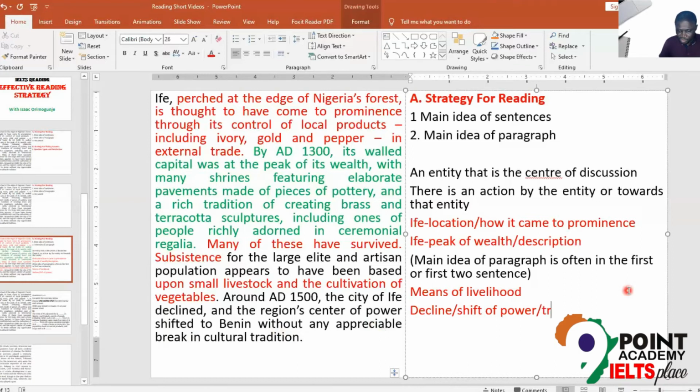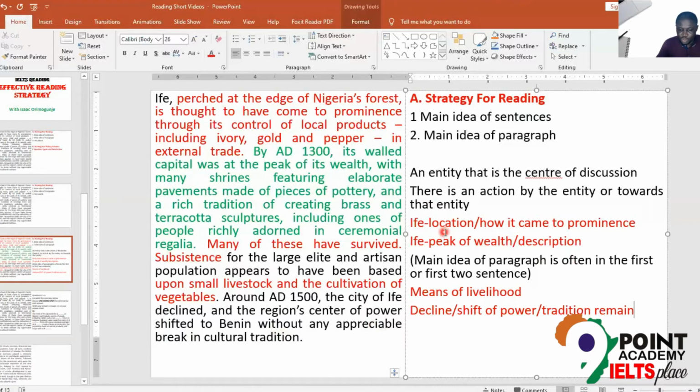Let me say tradition remain. So you can see that the whole paragraph has been broken down into four short phrases.